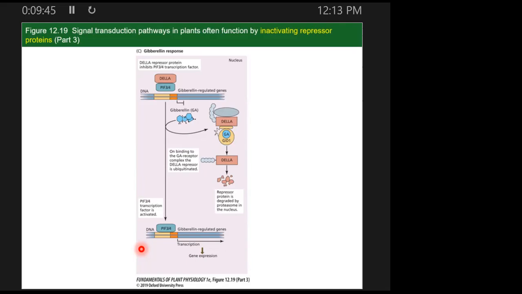Maybe this gibberellic acid is going to the seed and saying to the seed, go ahead and germinate. So then this would be genes that are going to get turned on to allow for germination. So it's really context driven on why that hormone is being sent to that particular part of the plant body.